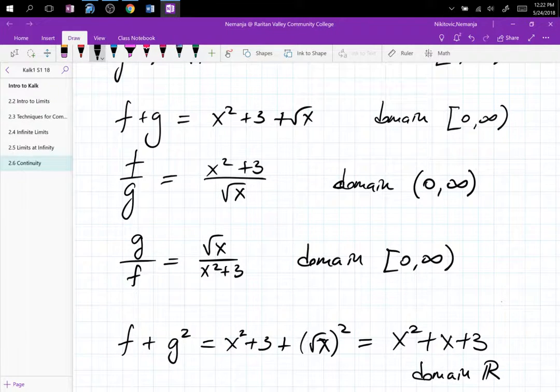So you know, this is a direct continuation of one of the most important sections from chapter 1 in your pre-calculus course, where you learned how to combine functions. At RVCC, that is section 1.7.